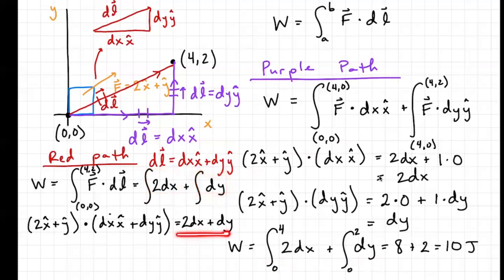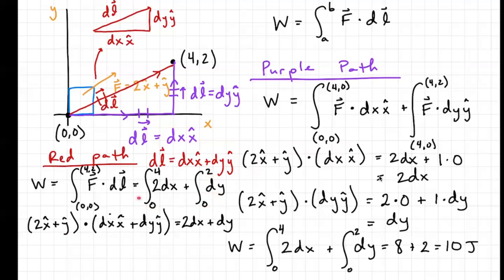Just taking what I got here and plugging it back in. So again, the bounds are along the path: x changes from 0 to 4. It doesn't matter that y is also changing from 0 to 2, because the first one's just x, so only the x bounds matter here. And here only the y bounds matter. It doesn't matter that x is also changing from 0 to 4 at the same time. The way this works out, we're doing them independently.